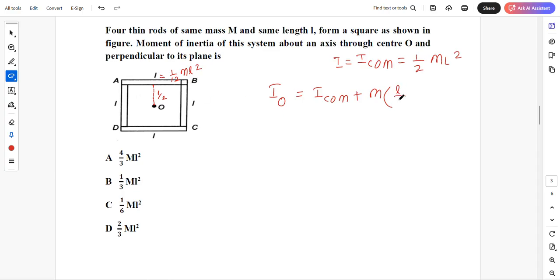How much is the distance? l by 2 the whole square. And like this, for how many rods? For 4 thin rods, so I have to multiply it by 4.